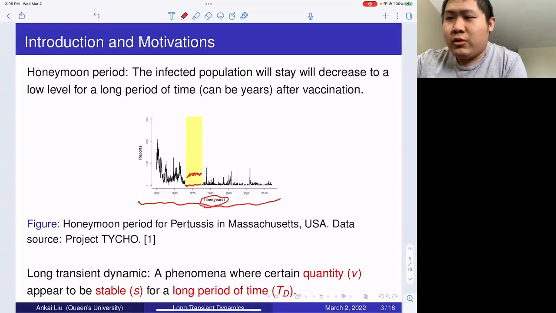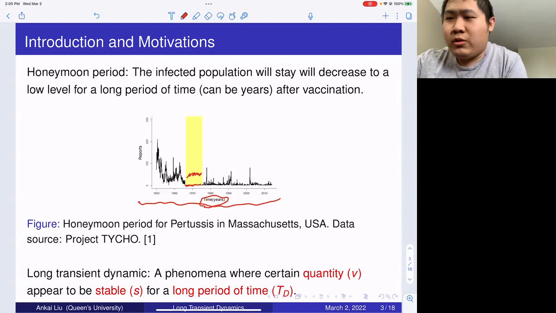So it lasts for a year before the infected population rises up again. Often, exclusively for disease models, this kind of behavior is called the honeymoon period. And this is the kind of phenomenon that we are interested in.